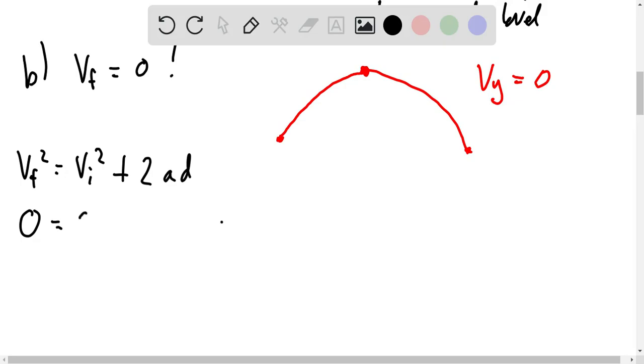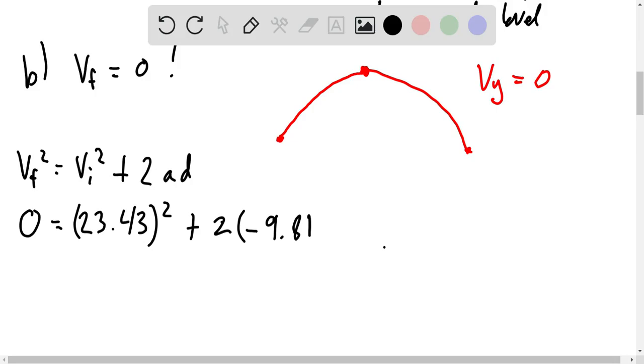VI was what we determined in the previous part of the question, 23.43 meters per second, and once again I'm omitting units for brevity, plus 2, and once again negative 9.81, because the acceleration due to gravity is acting downwards, meters per second squared, multiplied by d. In this case d is the displacement between VF and VI. And of course, once again, it's only concerning the vertical displacement. And so I'm going to put delta y so that becomes clear.